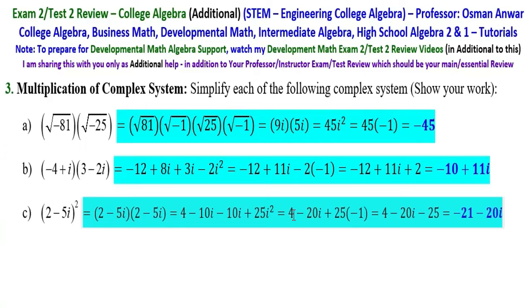This is equal to 4 minus 20i plus 25 times minus 1, which is 4 minus 20i minus 25. So the real is 4 minus 25, which is minus 21, and the imaginary is minus 20.